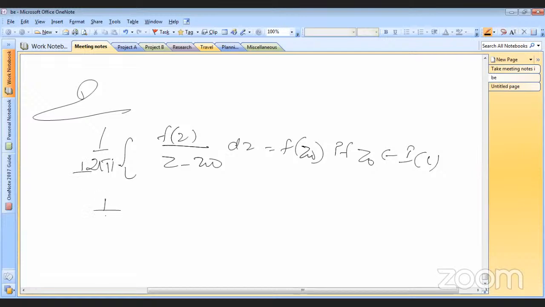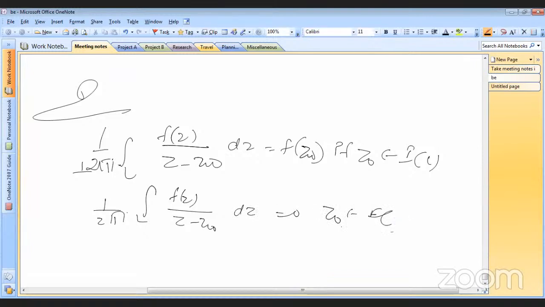And it is equal to 0 if z naught belongs to the exterior of gamma. This is called Cauchy's integral formula.